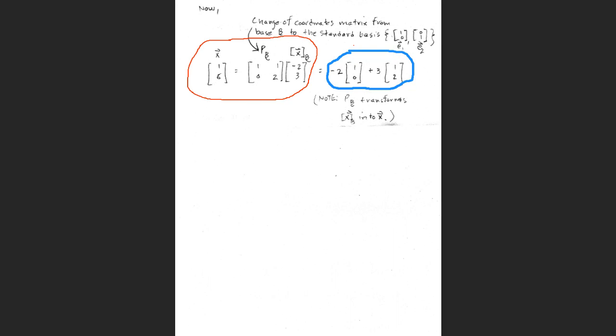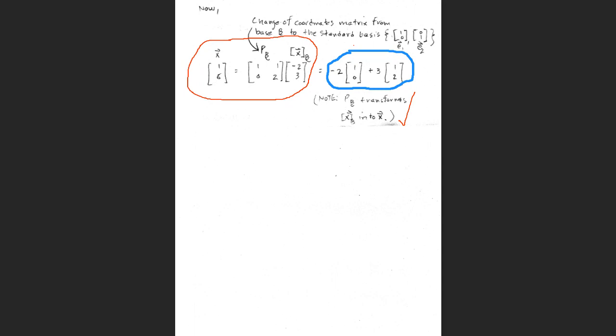So section 4.4 is actually pretty straightforward to understand, but I think it's good you're seeing naturally some of these notations and so forth. The change of coordinate matrix from basis b to the standard basis, which is P sub b, transforms a coordinate vector x relative to the basis b into the vector x.